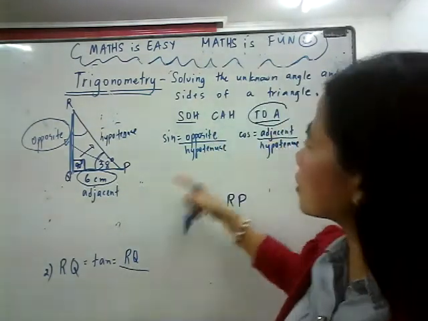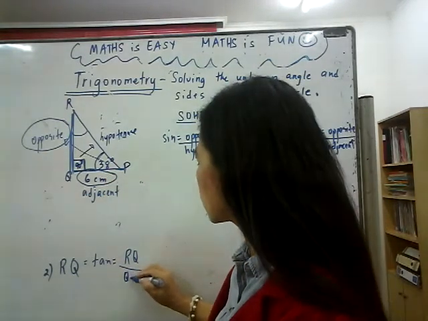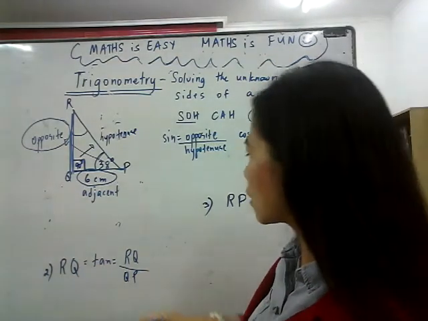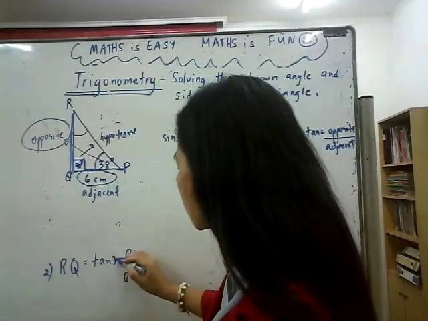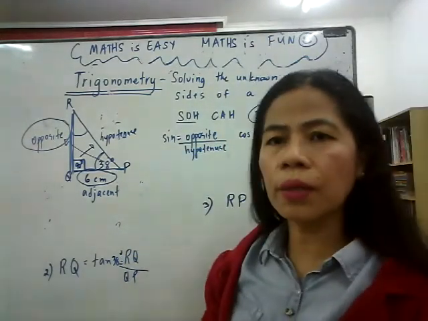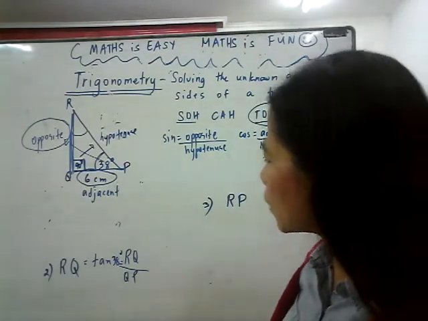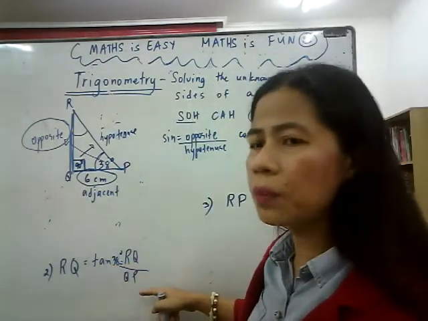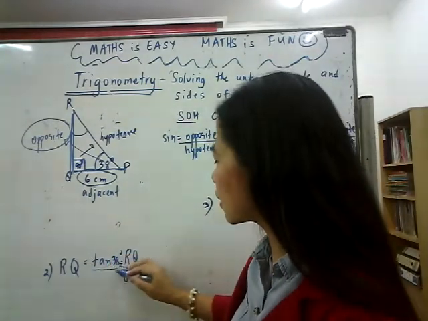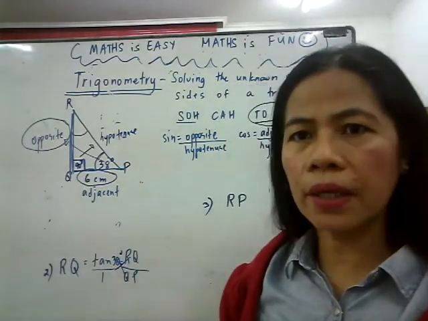And adjacent is the QP. Okay, so tan of your given angle, what is our given angle? Tan 38 degrees is equal to RQ divided by QP.